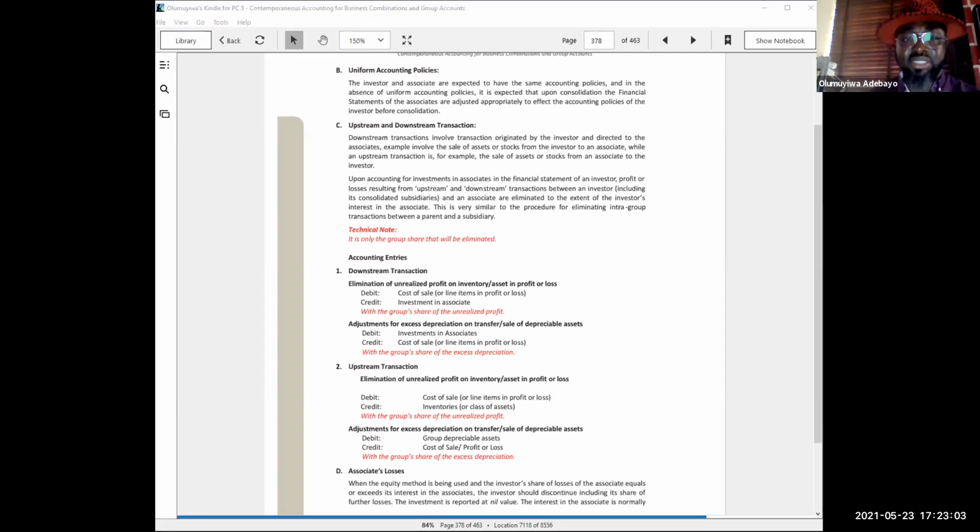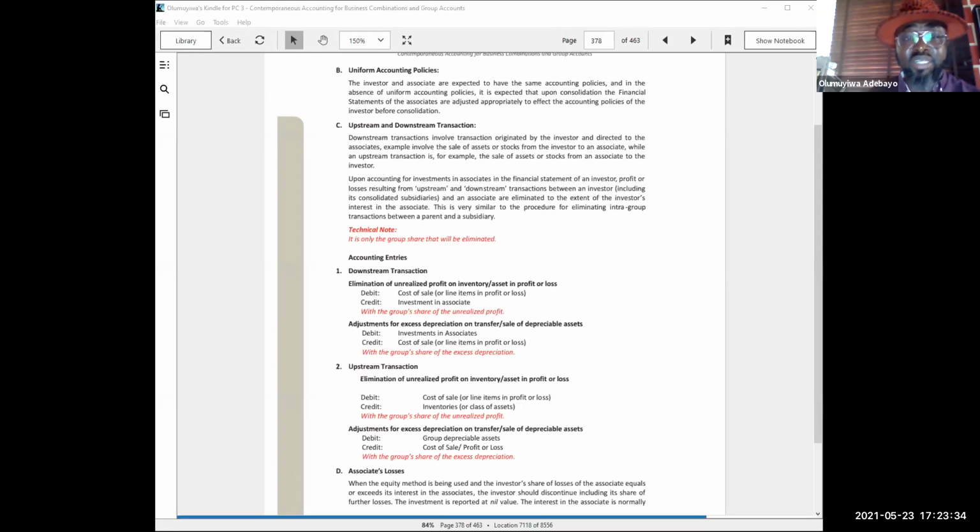Treating the group account, that is for the subsidiary, the same principle that applies to the subsidiary also applies here, which means the accounting policy of the parent and that of the associate must be the same. And where they are not the same at the entity level, at the point of preparing the account where you incorporate the result of the associate, you must adjust for it as appropriate.